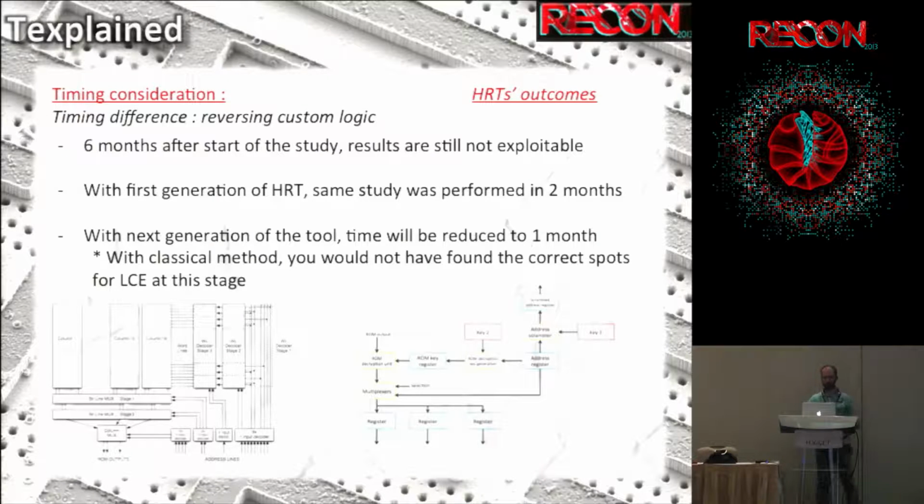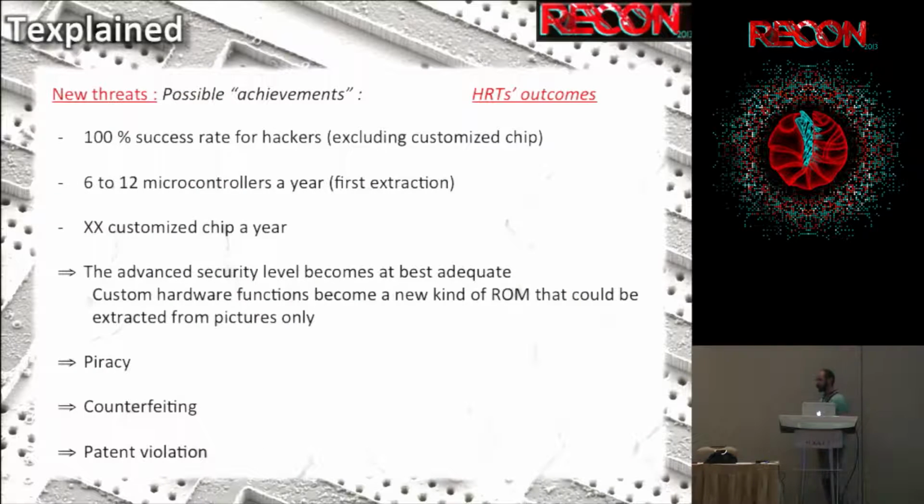So the threat is huge, because with this kind of tool, for hackers, it's a 100% success rate for chips that are now adequate. But the advanced chips just have this hardware custom function on top of the adequate thing. But a hardware custom function is just a pattern of gates put together.